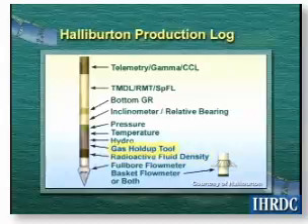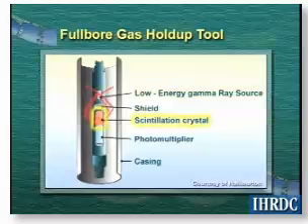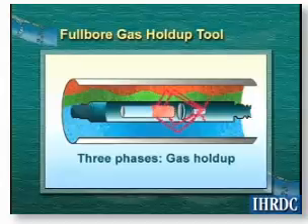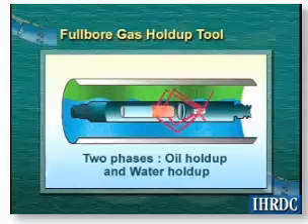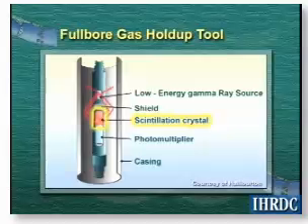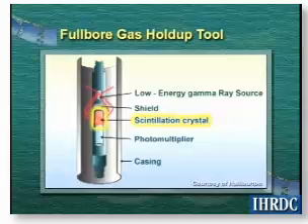The gas holdup tool employs a cobalt-57 source and a scintillation detector to determine fluid holdup. When three phases are present, the tool measures gas holdup. In the absence of gas, the tool can differentiate oil from water holdups. The scintillation detector counts gamma rays that are scattered back from the production fluids as they pass the detector. The magnitude of the count rate is directly related to the gas holdup.